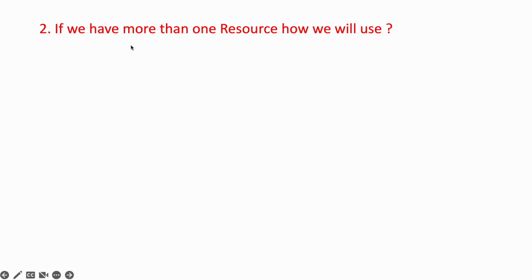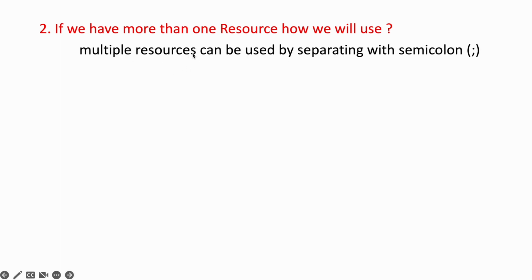Now the next question is, if we have more than one resource, how will we use them? In the example, we have a single connection object, so a single resource, and we happily used it. Sometimes we may have to work with multiple resources. With try with resources, multiple resources can be used by separating them with a semicolon.